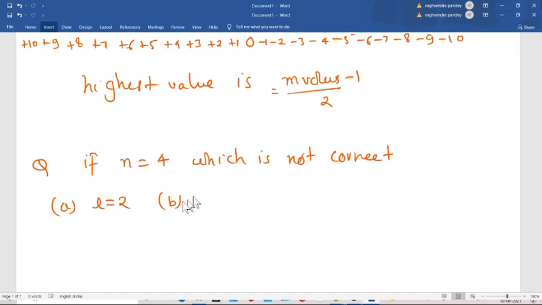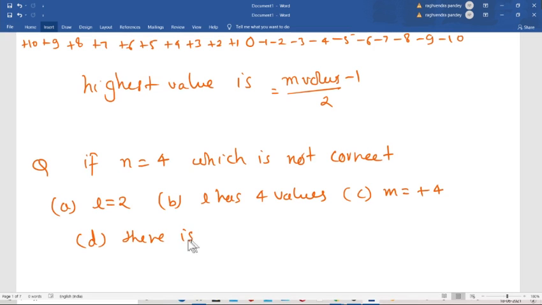B: L has 4 values. C: M is equal to plus 4. And D: there is 1 px orbital. Which is not correct out of the 4 options?